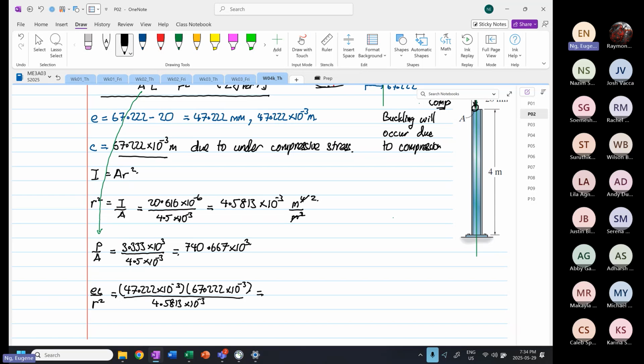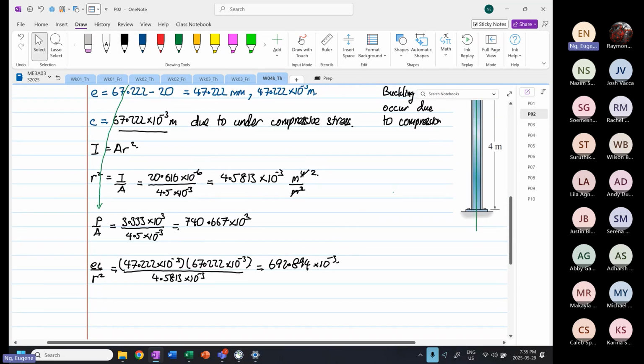So 47.222 power minus 3 times 67.222 power minus 3 divided by 4.5813 power minus 3. So it's equal to 692.894 times 10 to the power minus 3.